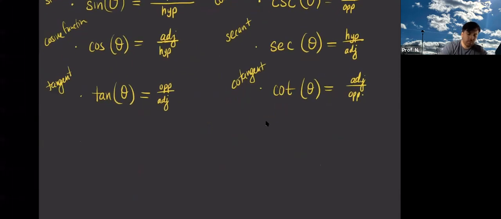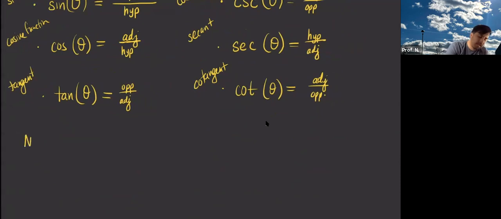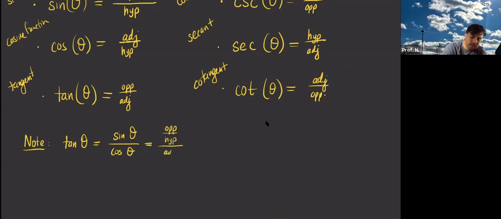Now I want to make a note on tangent. Note, tangent of theta is actually also written as sine theta over cosine theta. How is that possible? Well, what is sine theta? It's opposite over hypotenuse. What is cosine theta?